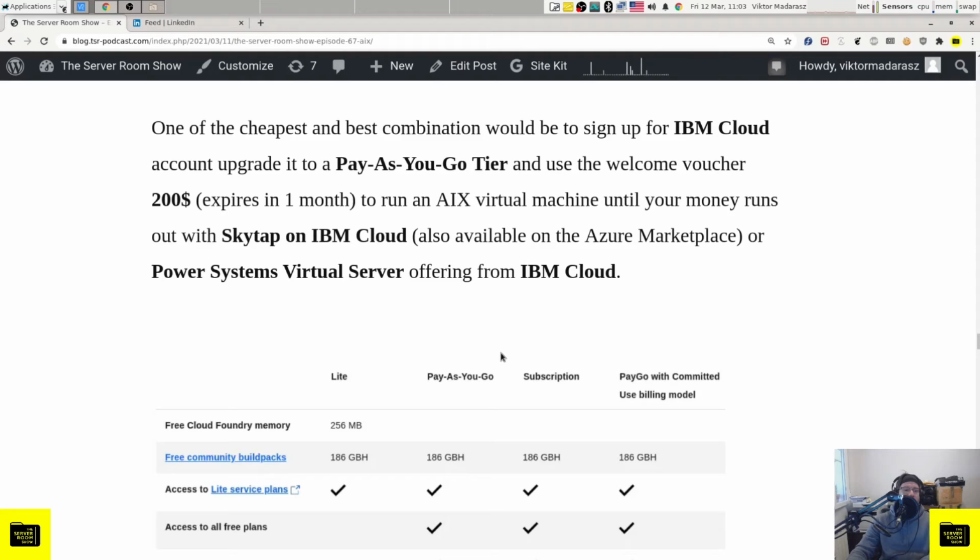After that, you can use one of the third-party solutions on IBM Cloud from Skytap, which is also available on the Azure Marketplace, to run an AIX virtual machine.